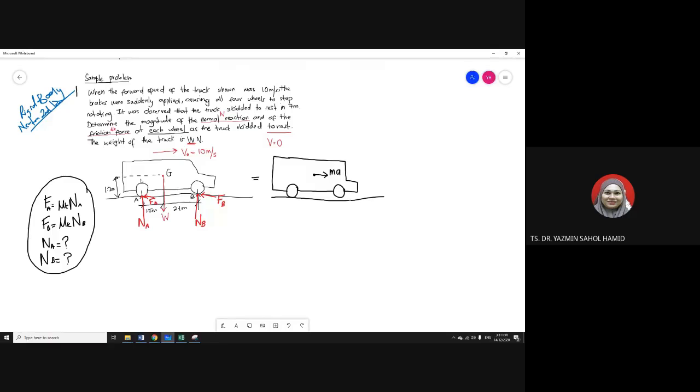What equation do you have in mind that has all these parameters? Scalar equation. You mean the summation of forces Fy, Fx? Yes, correct.